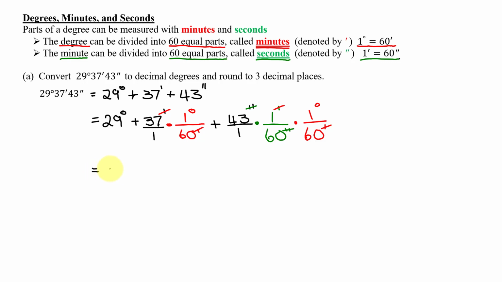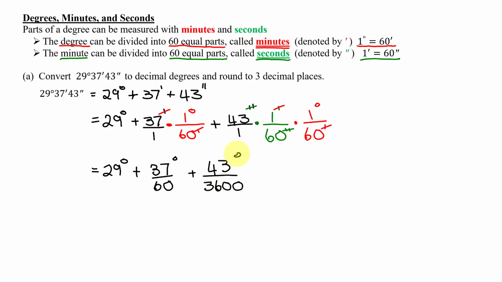So I'm going to get 29 degrees plus 37 times 1 is 37 divided by 1 times 60 is 60. That is in degrees. Plus 43 times 1 is 43 divided by 1 times 60, which is 3,600.